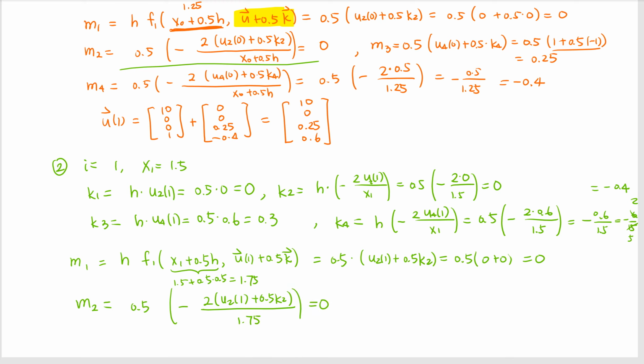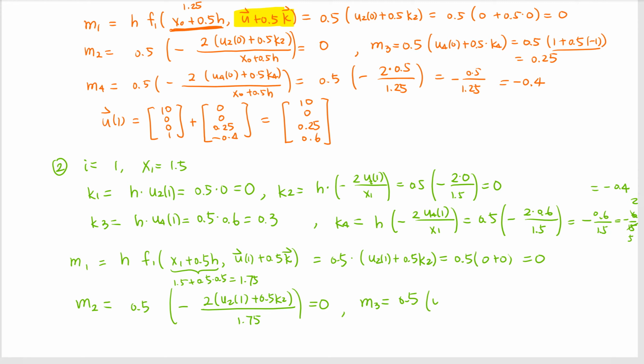So this is also 0. Then M3 is 0.5. So actually we just did one step, figure out the formulas. The second step, we just look at the previous steps and just increase the index and pick the correct number.